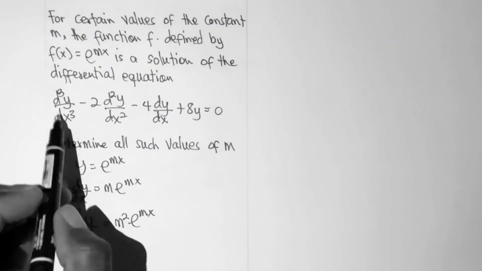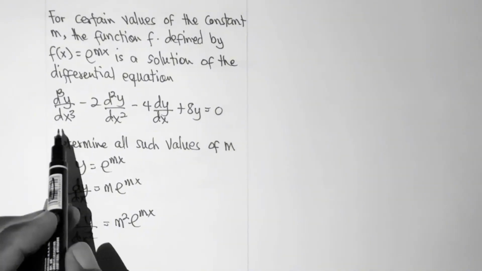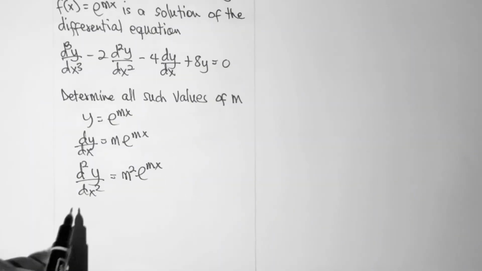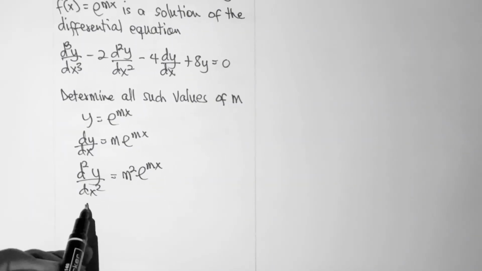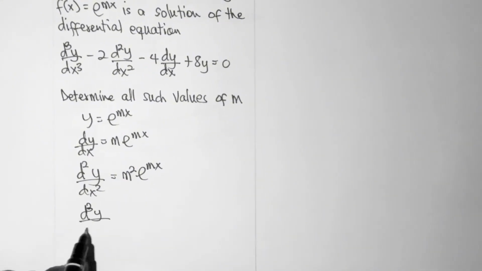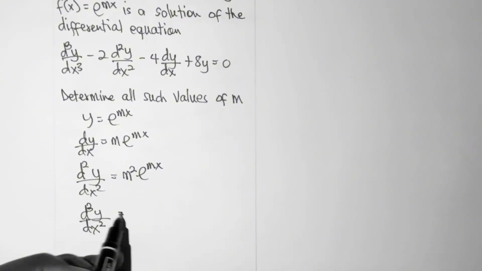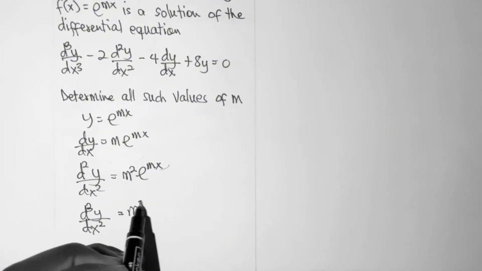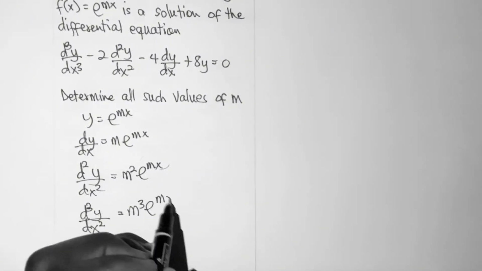And then because the differential equation is third order, we must do another one. So d³y/dx³ is equal to, differentiate this again, you get m. M times m² becomes m³ e^(mx).